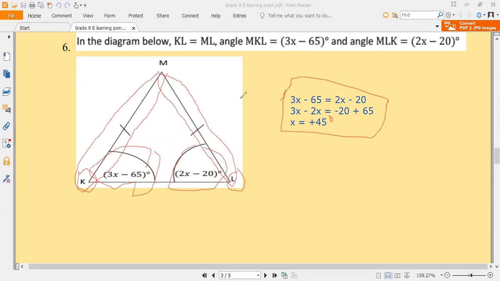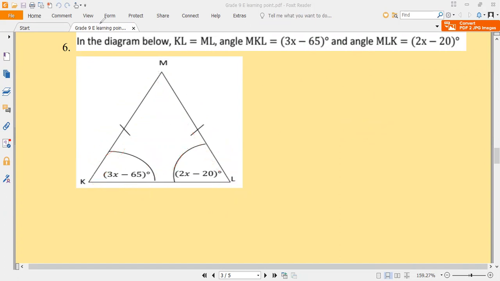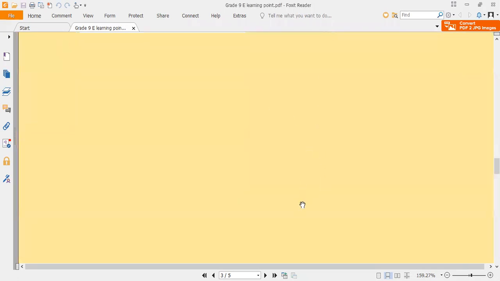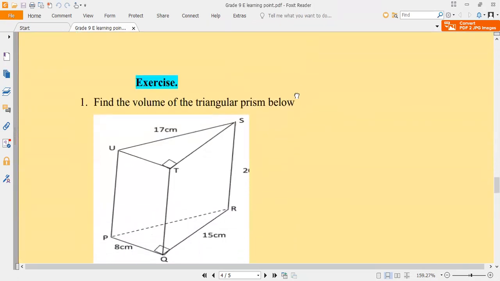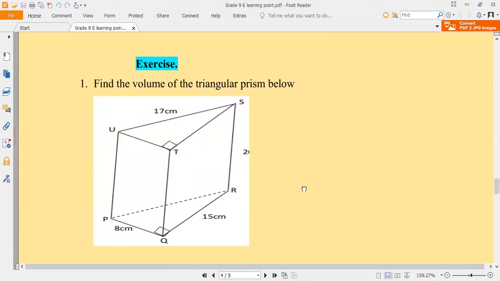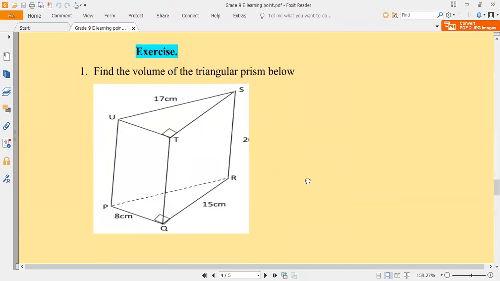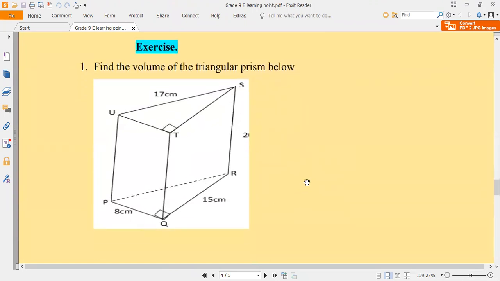Yeah, that's what we had for today. And now let me show you the work that you are expected to do as an exercise. We have this one here. It says find the volume of the triangular prism given below. At least this one is seated. You know that what you have at the base is the same as what you have at the top.